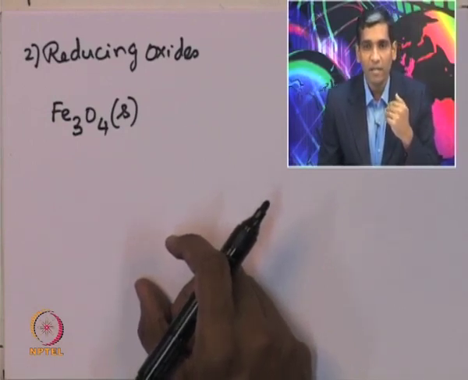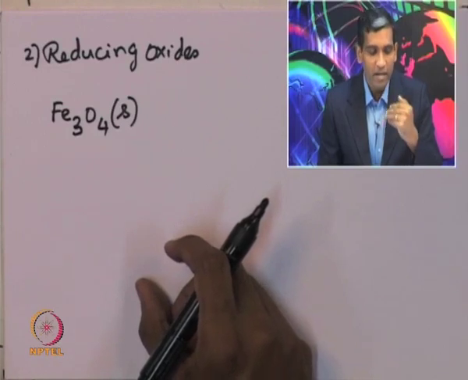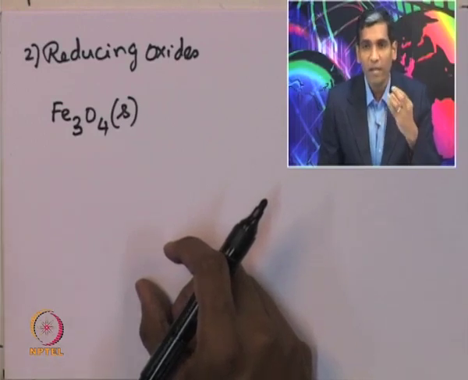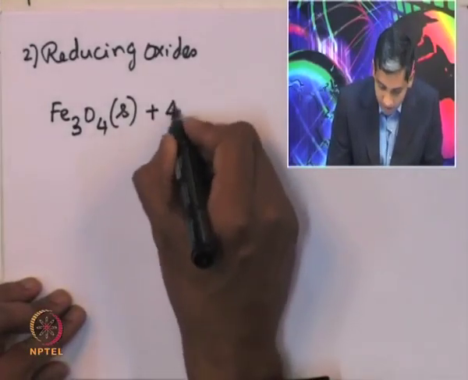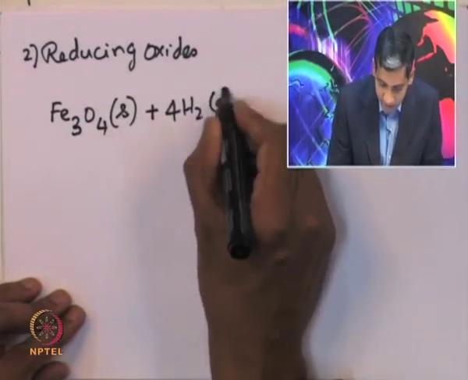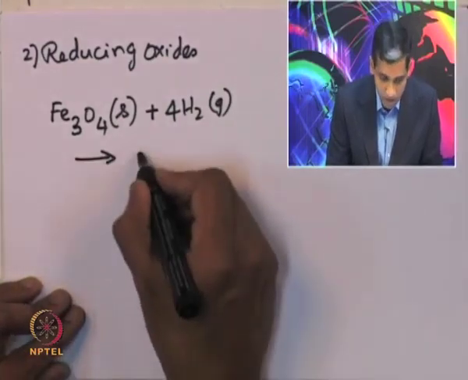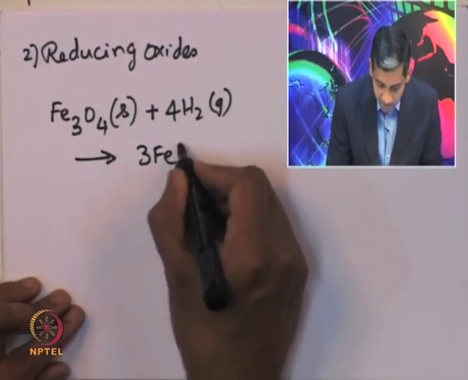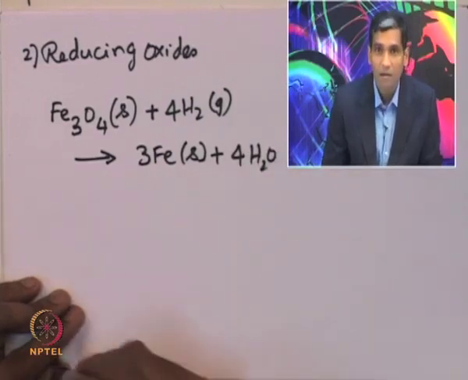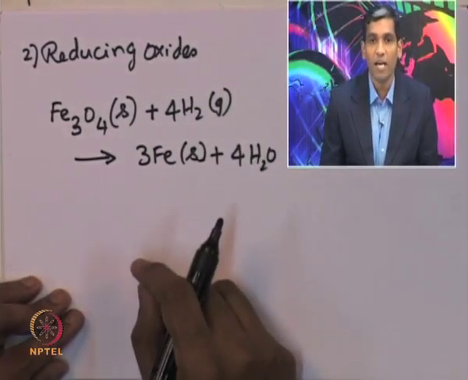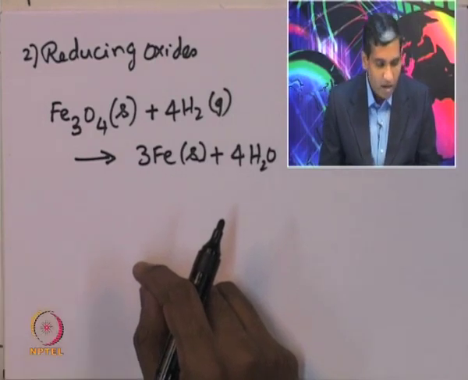In the presence of hydrogen, it gets reduced to form the metal iron, and the reaction scheme is Fe3O4 plus 4 H2, which is in the gas form, leading to 3 Fe plus 4 H2O. That's the reaction scheme used for reducing the oxides.